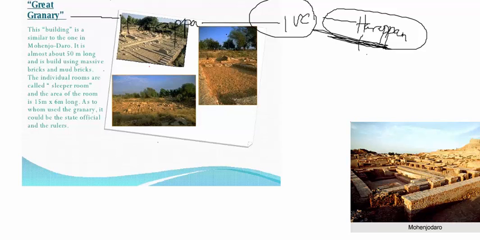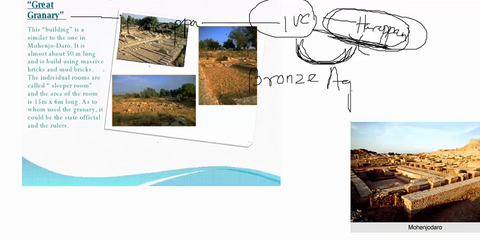Because among the many IVC sites, the first place discovered was Harappa. That's why it is called Harappan Civilization.